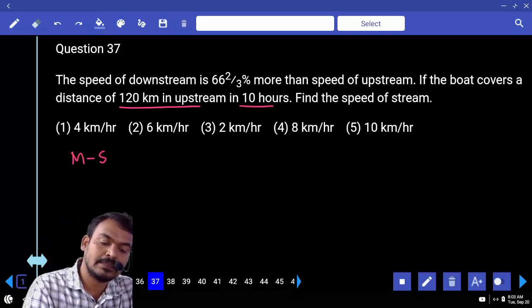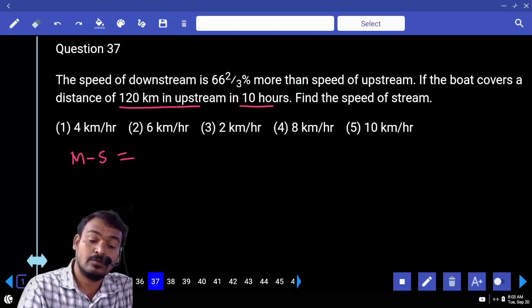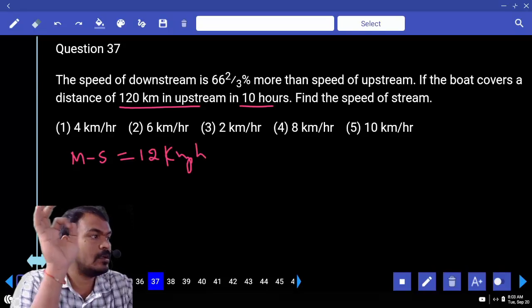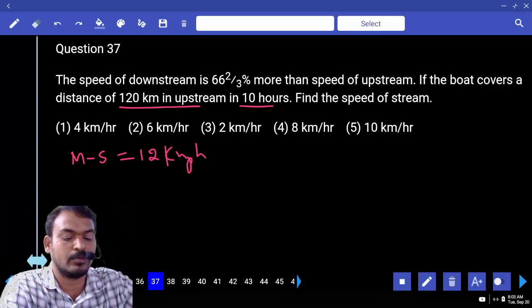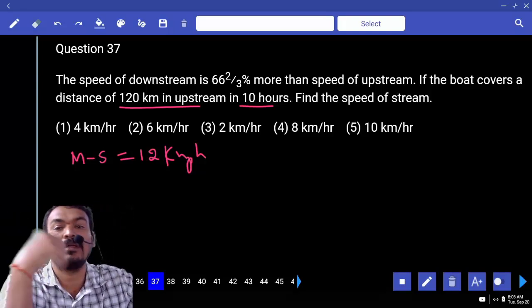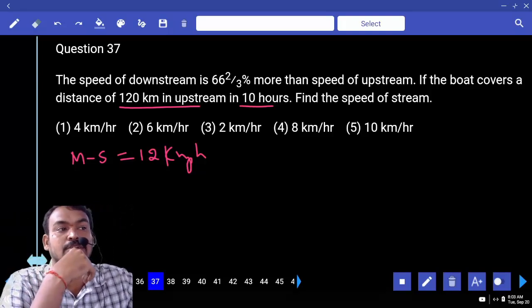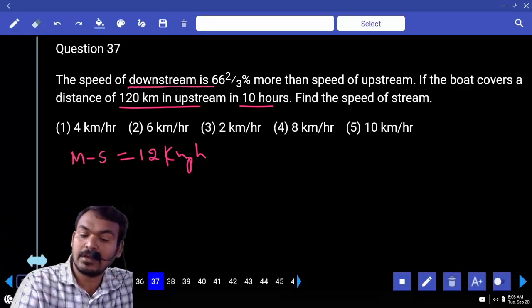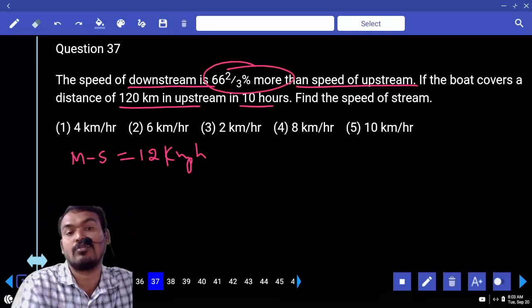M minus S is equal to 12. 120 kilometers in 10 hours means 12 kilometers per hour. It is M minus S, which is the upstream speed.